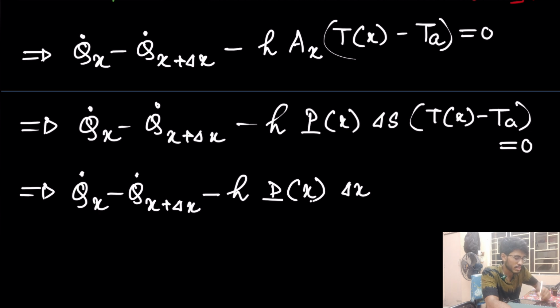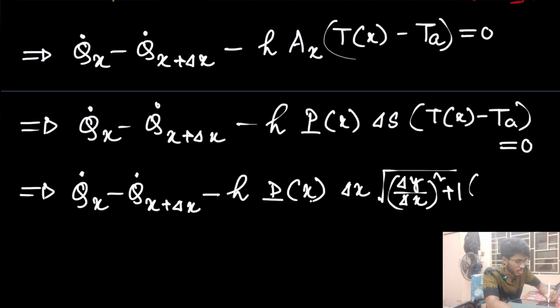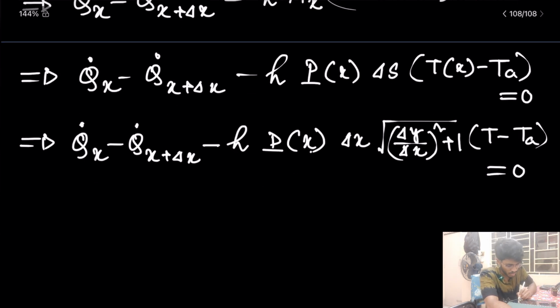I will directly write square root of delta y by delta x whole square plus 1, times delta x. And this will be T minus T a, where T is T of x, a function of x.